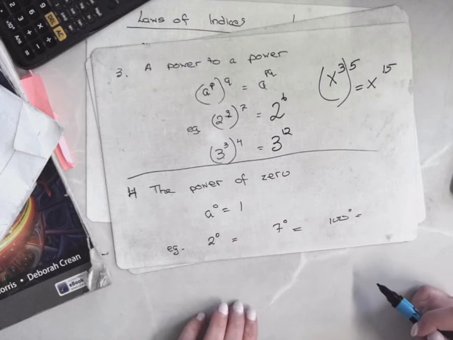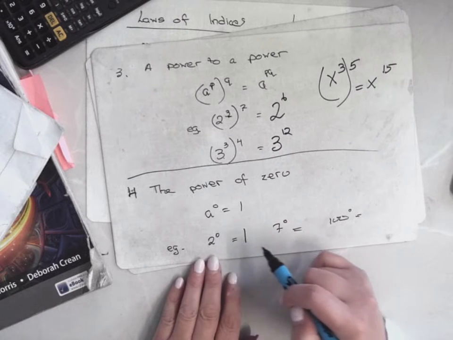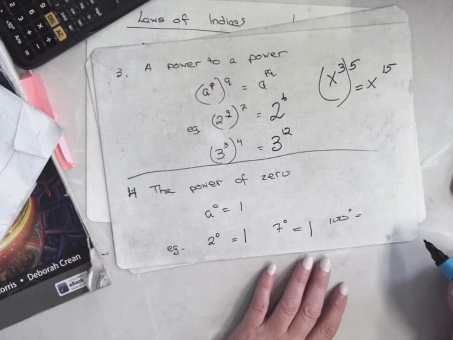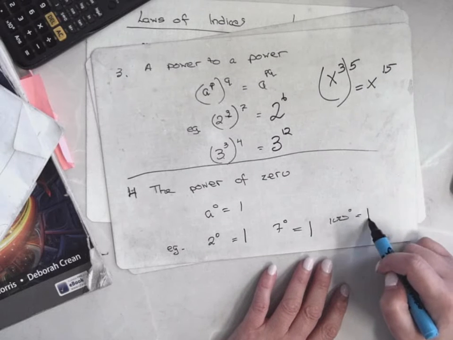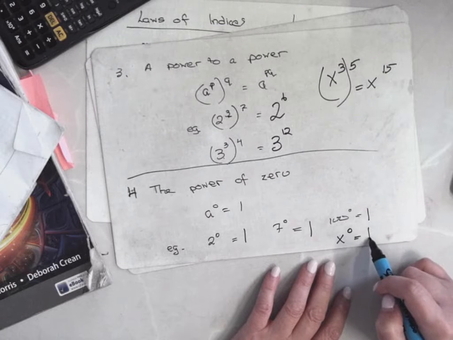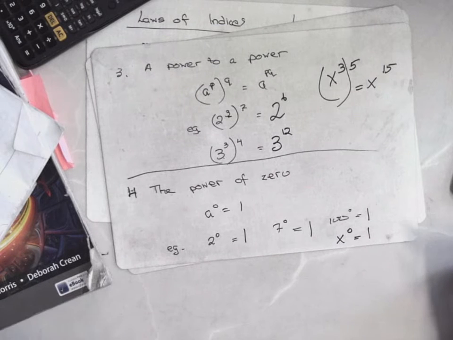So 2 to the power of 0 is 1. 7 to the power of 0 is 1. 100 to the power of 0 is 1. X to the power of 0, 1. So it doesn't matter what is to the power of 0, it's 1.